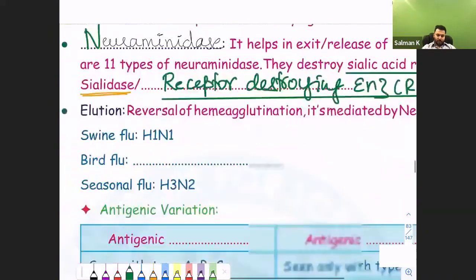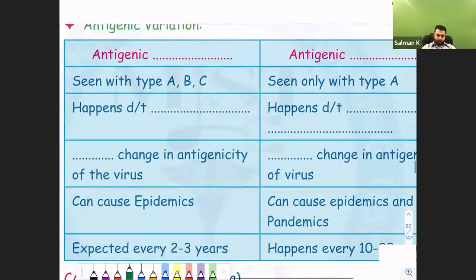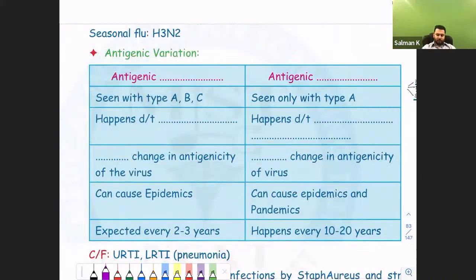Now, next part, see here. This is important. They can ask you about the antigenic variation. There are 2 things antigenic variation wise, antigenic drift and antigenic shift. Please know drift is a smaller change.